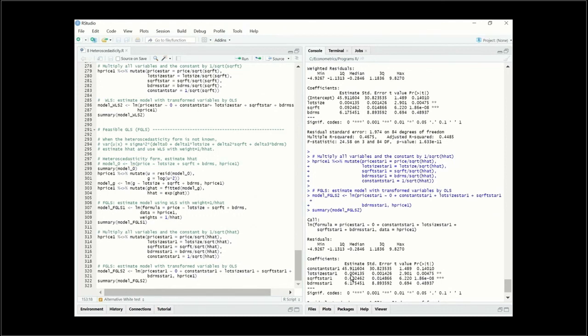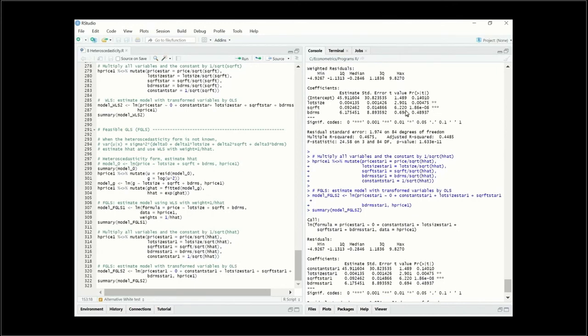Now, if you compare these feasible generalized least squares coefficients and standard errors to the original ones or to the WLS, you're going to see that they are a little bit different because we have different weights. Both the coefficients and the standard errors are a little bit different.